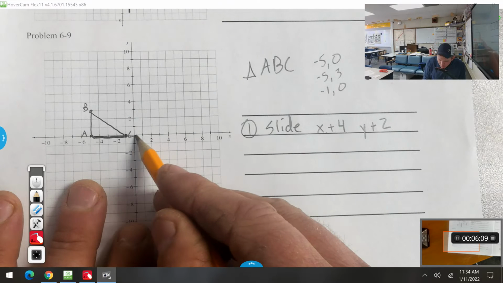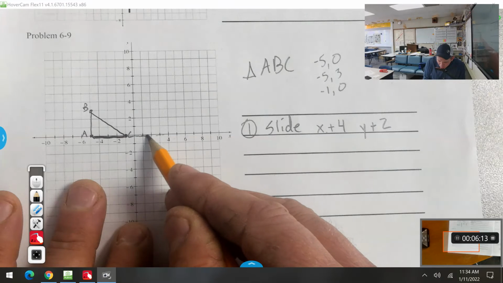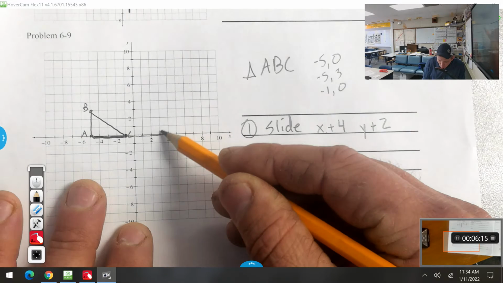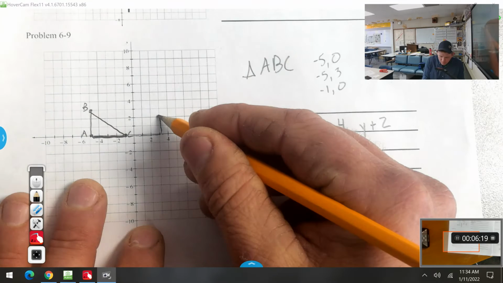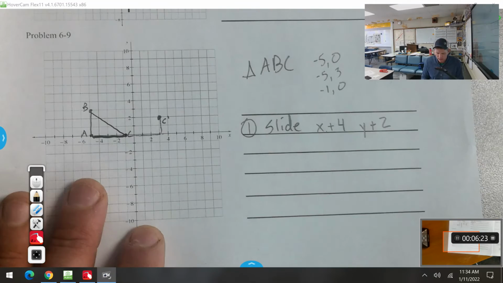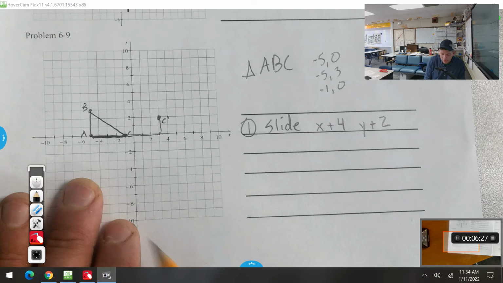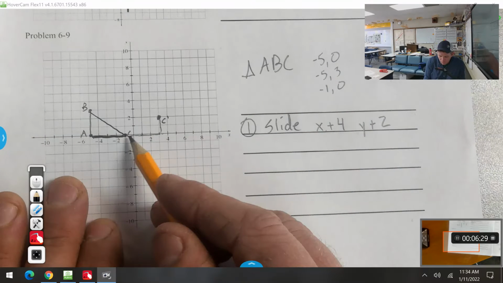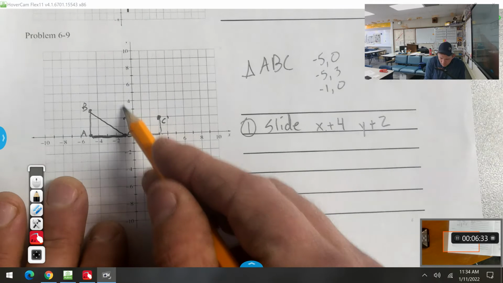So I'm going to, ever so lightly, draw a line x plus 4 and y plus 2, and I'm going to place my dot C prime at that location. Now, I could do that for every point. Over 4, up 2. Over 4, up 2.